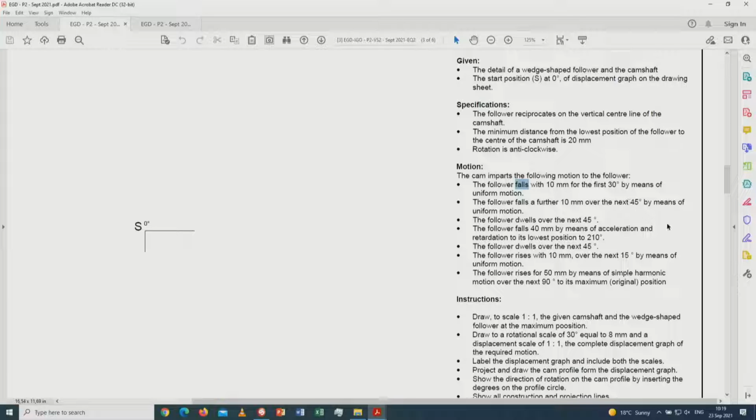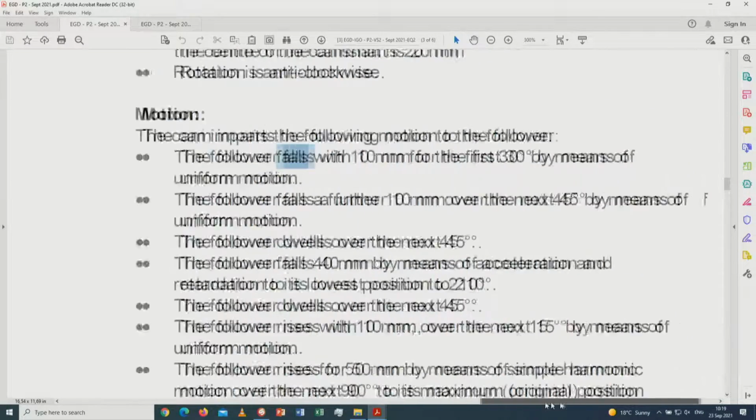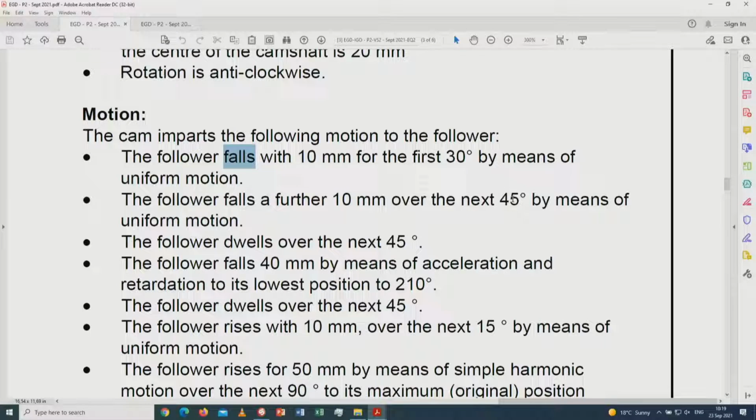Then the follower falls for another 10 millimeters over the next 45 degrees. Follower dwells for 45 degrees, and then the follower falls for 40 millimeters by acceleration and retardation. And then the follower dwells for another 45, so it stays in position for 45.